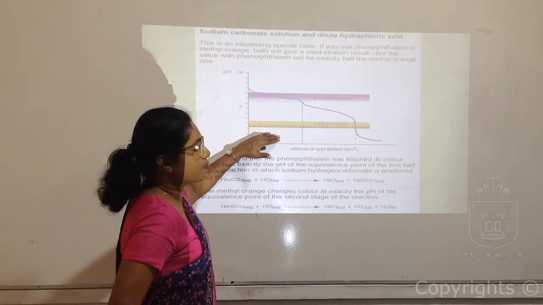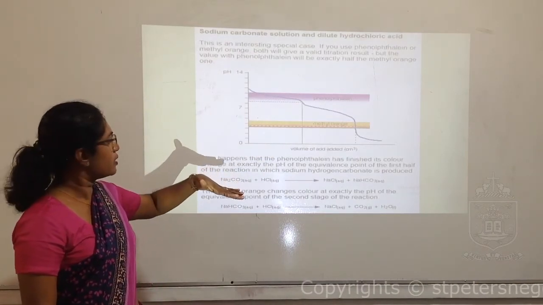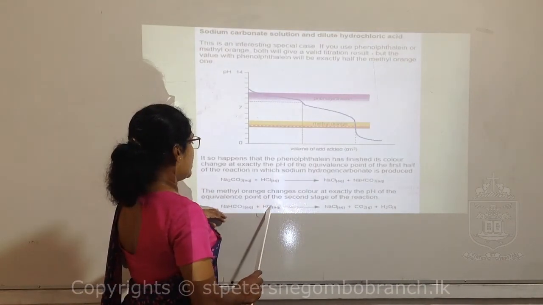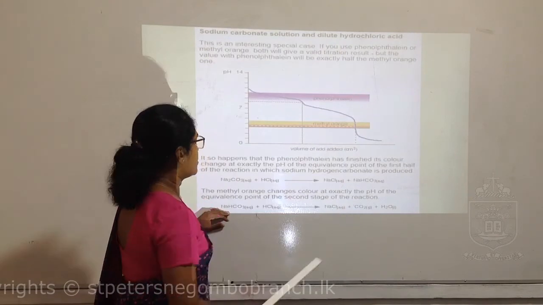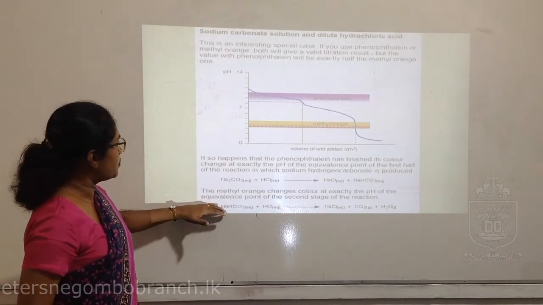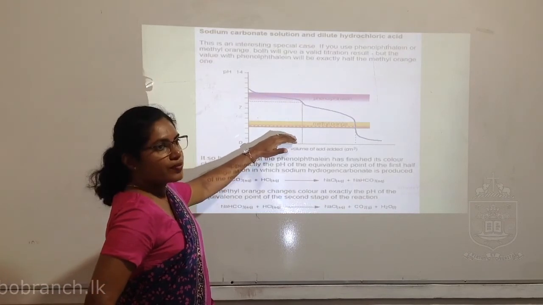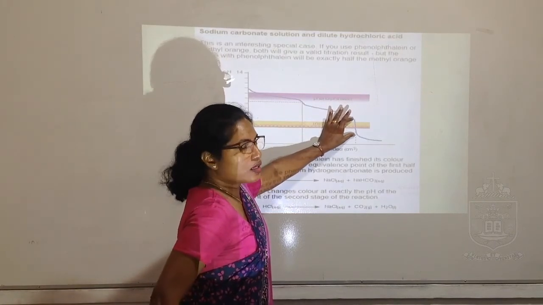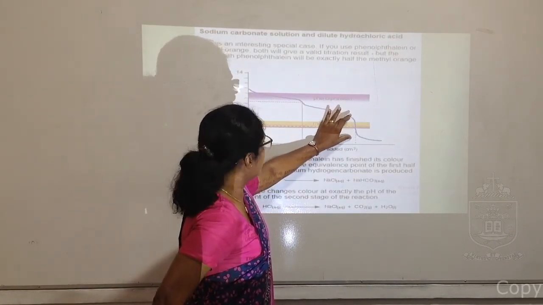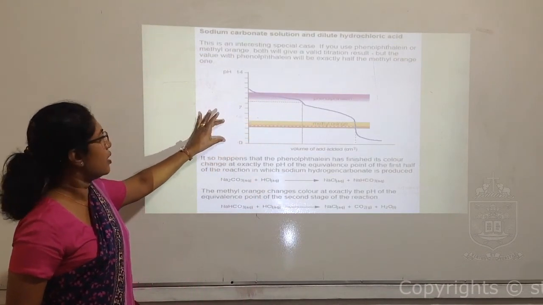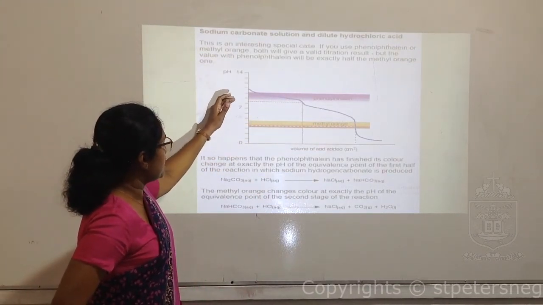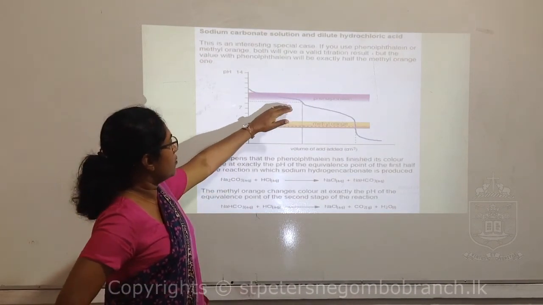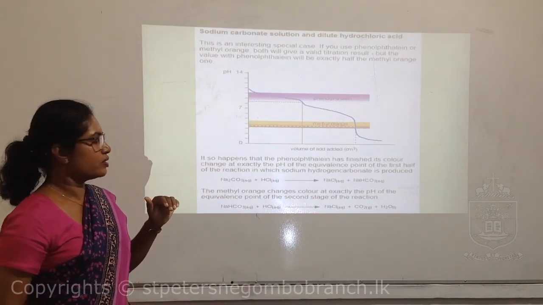But if we use methyl orange, in the second part of the reaction, that means sodium bicarbonate reacts with HCl and forms carbon dioxide. This is the second reaction. At that point, we can find the color change of the methyl orange, because at the second equivalence point, the methyl orange changes its color. But if we use phenolphthalein, you can only find the first reaction's equivalence point of this titration.